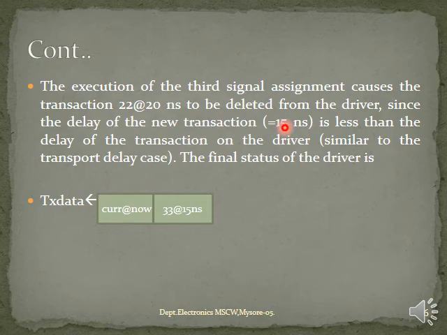That previous one, 22 at 20 nanoseconds, is fully deleted and replaced by 33 at 15 nanoseconds, because this is less than the delay of the transaction on the driver. And this is the same as the transport delay, the same thing we have studied.